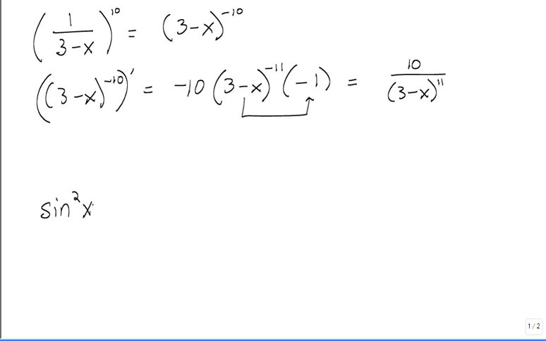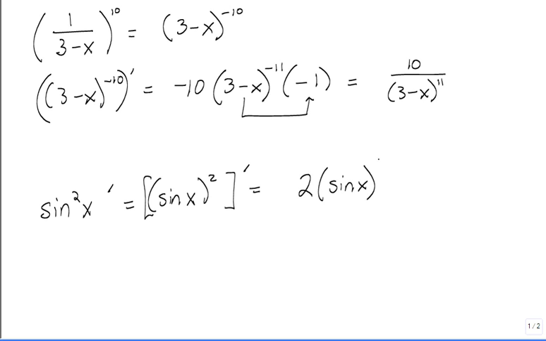Sine squared x. I would rewrite that as sine x squared. And bring the power down, leave the inside alone, subtract 1, so 2 minus 1 is 1, come back, take the derivative of the inside, derivative of sine is cosine.